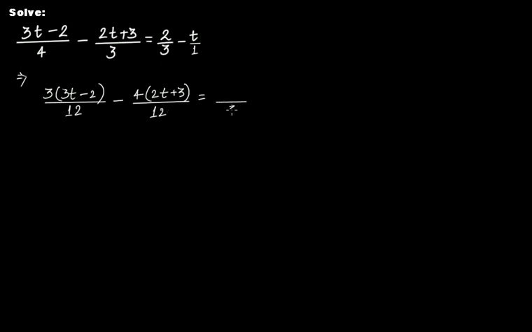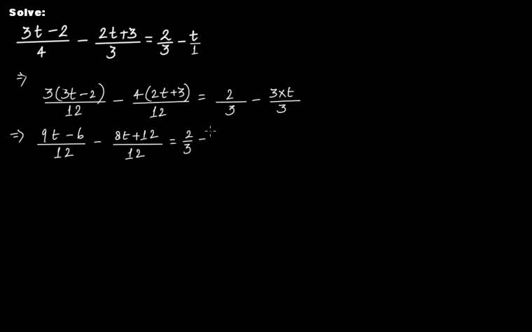It's already 3 here, so simply write 2 minus this becomes 3 times t by 3. Okay. Now this is 9t minus 6 by 12 minus 8t plus 12 by 12 is equal to 2 by 3 minus 3t by 3.